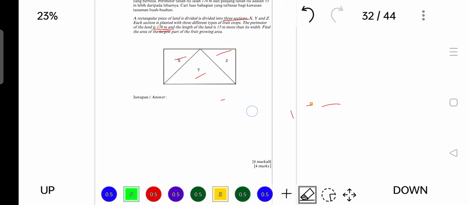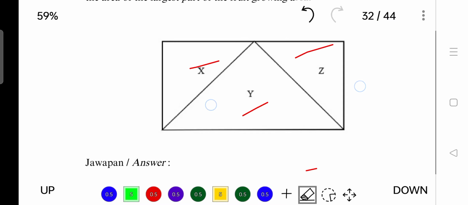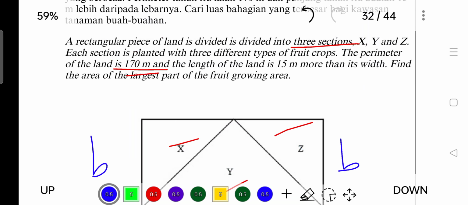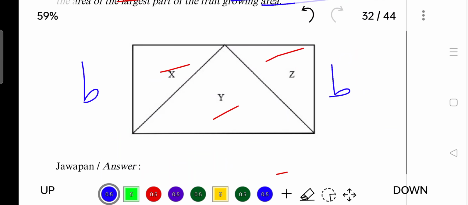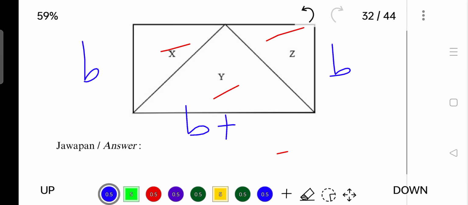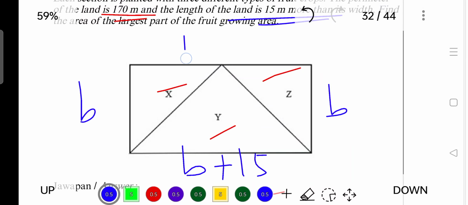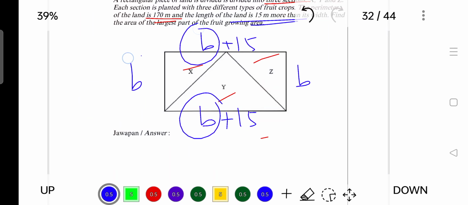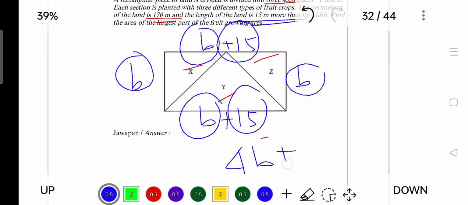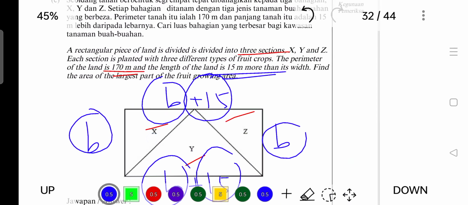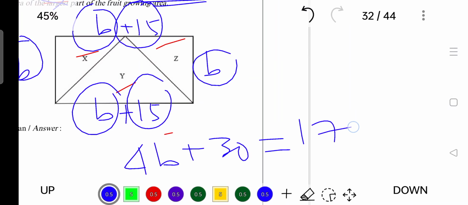We can also do it like that, but let's take this method. If this is B, the other is 15 more than its width, so B plus 15. So what I'm going to get here, 1, 2, 3, 4, I have 4 B's, plus 30 is equivalent to 170.